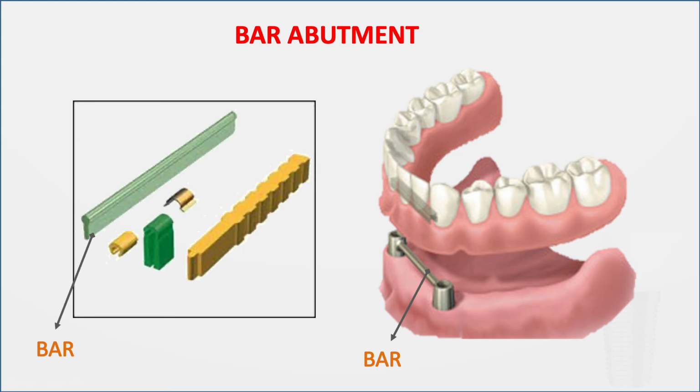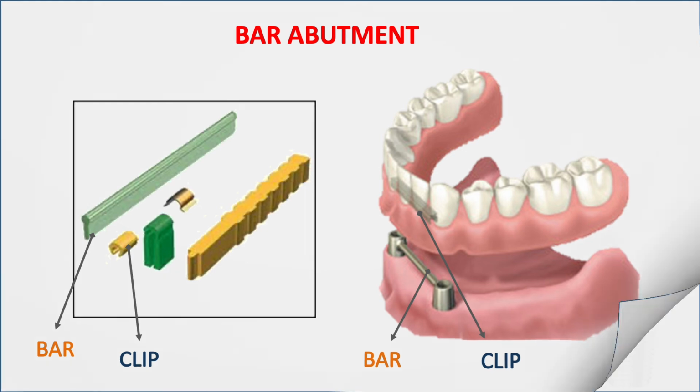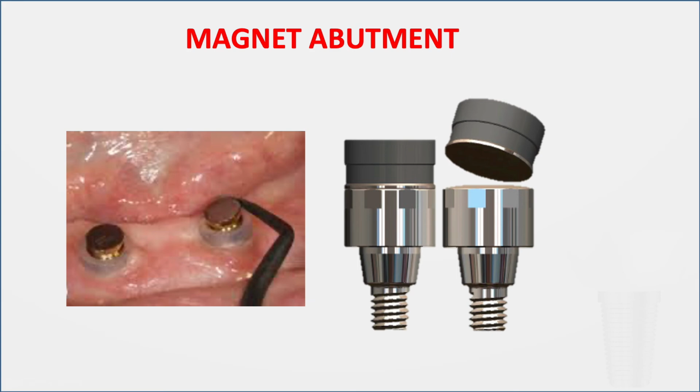After casting, it is attached over the implant, and then we have a clip which is in the denture to keep the prosthesis in place over the bar. So we have a clip which is placed within the denture, and in the first figure, as you can see, we have a clip. Clip can be of plastic or of metal. We have a magnet attachment or abutment.